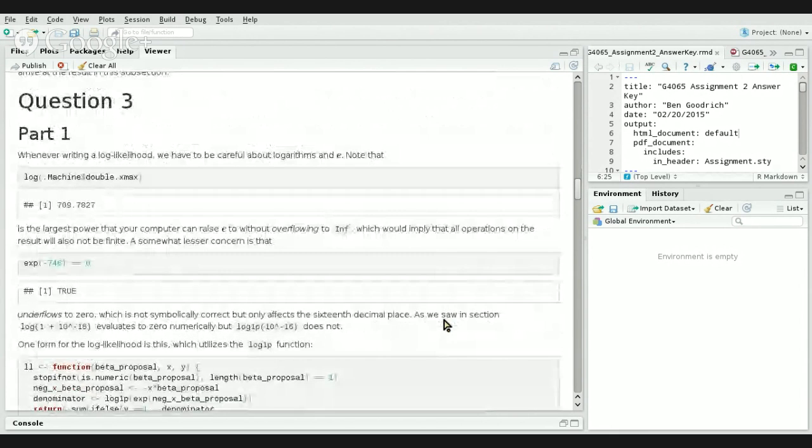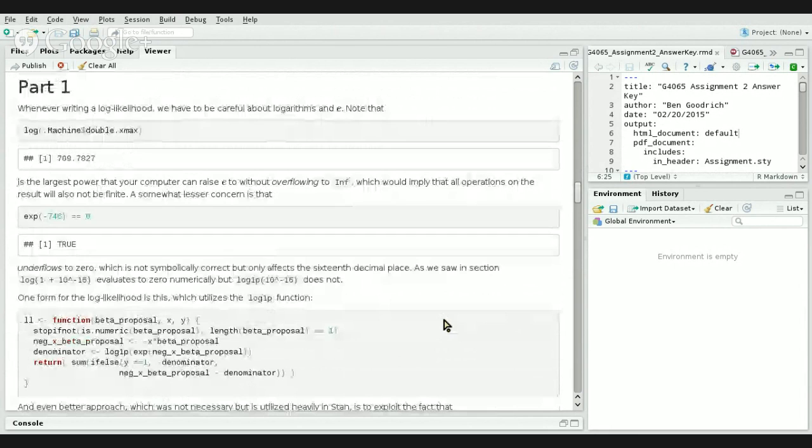Question 3. So this one involves logarithms and e, the number e. So that can be numerically unstable, as we talked about last week. The biggest number that a typical laptop computer can raise e to the power of is a little bit less than 710. Anything bigger than that, and R is just going to say that's infinity.